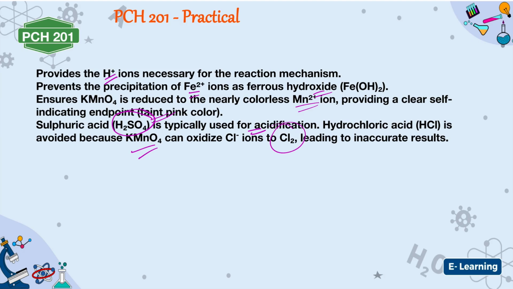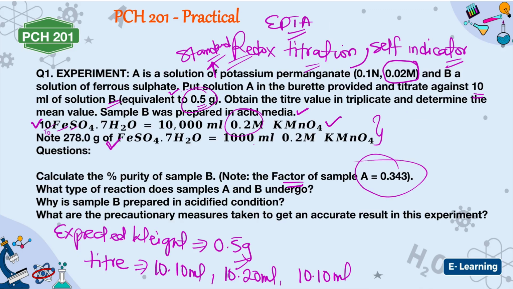They will say it is oxalate. You use oxalic acid to standardize KMnO4. So before all this initial stuff, in case they will not give you the factor, they could first give you one experiment.